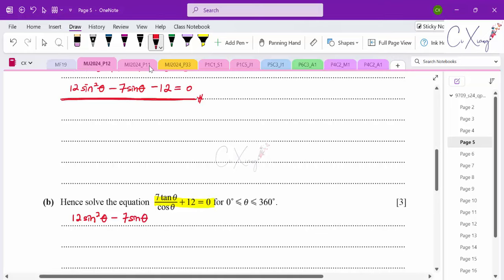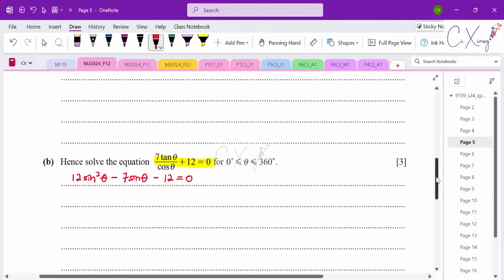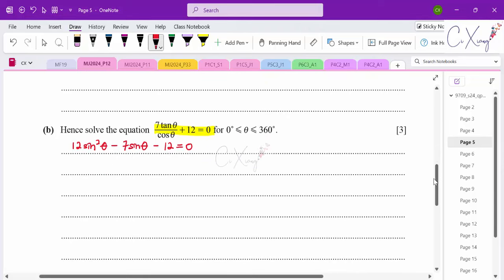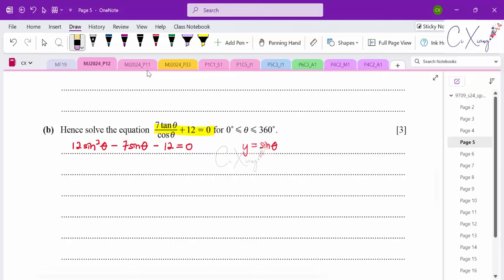This is basically a quadratic form equation in terms of sine theta. So you try to factorize it. If you can't see clearly, you can let y equals to sine theta, then you will be having something like 12y squared minus 7y minus 12 equals to 0. Okay, all right. So this is a quadratic form equation, yeah?